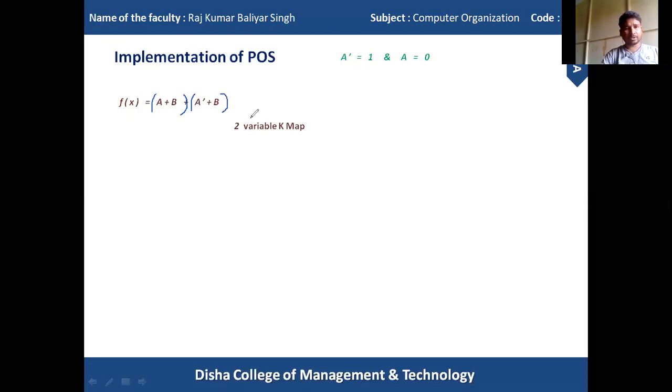This function uses two variables, a and b, so we have to implement a two variable K-map. From the last slide, we know that for a two variable K-map we need at least four cells, and all cells should be adjacent to each other. This is the structure for this Boolean function. This is the K-map structure.